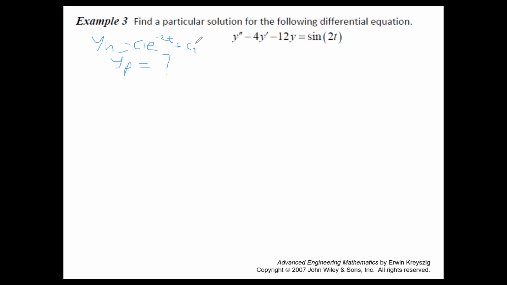So the solution for the homogeneous one will be C1 e to the power of minus 2t plus C2 e to the power of 6t, obtained from the characteristic equation. But for the YP, you need to take a look at the table. What will be the choice of YP? Do you have any opinion on that? N equals 0, 1.